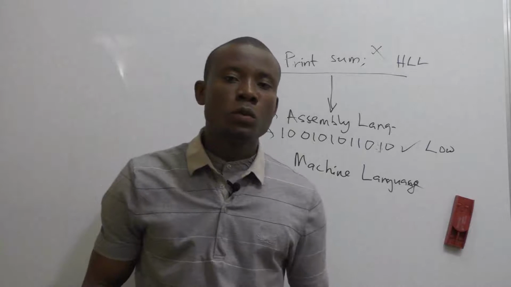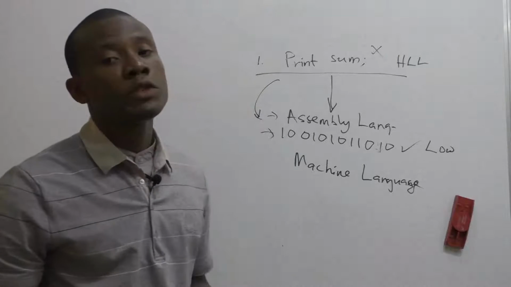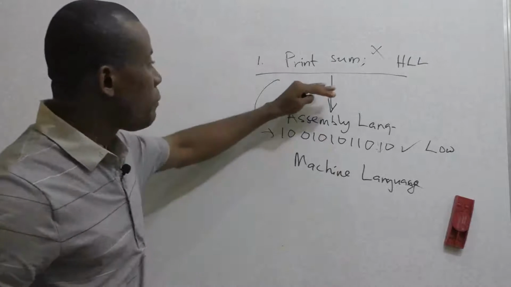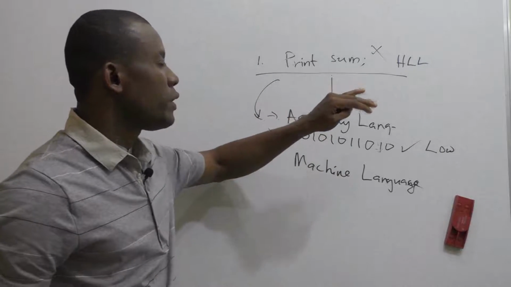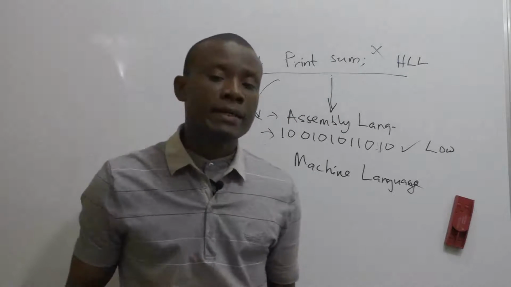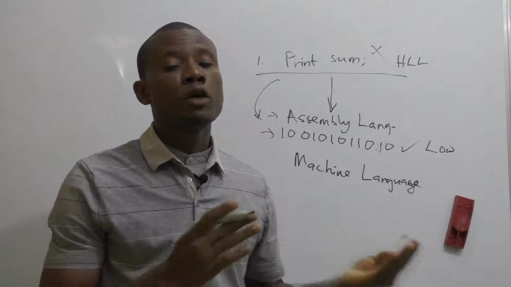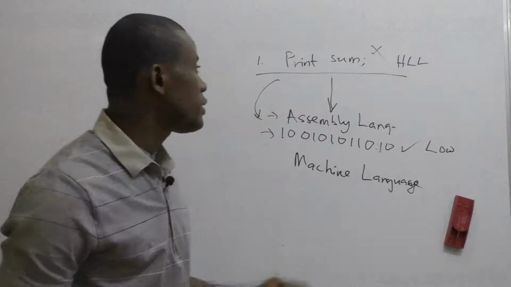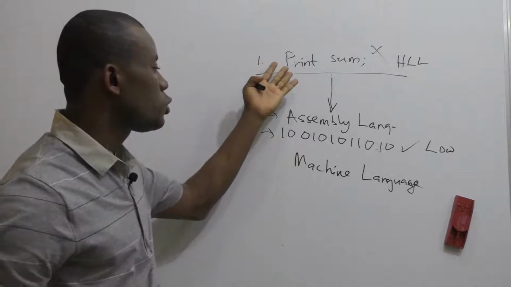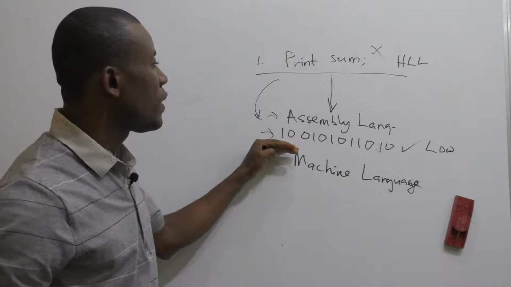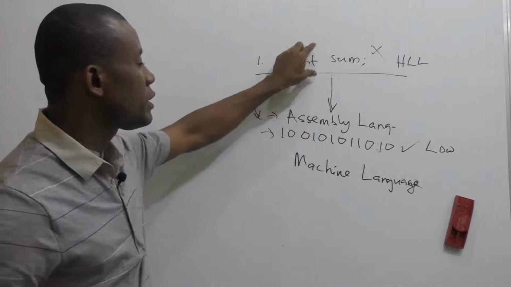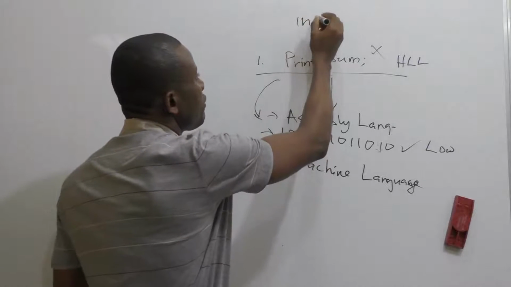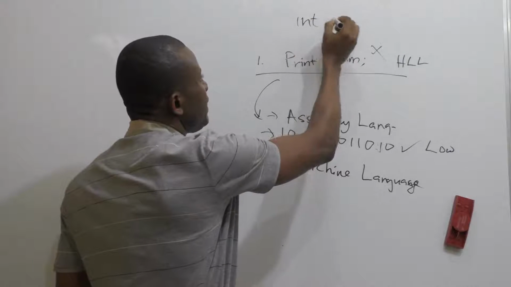Compilation is handled by a compiler. So if you are writing a program in high-level language, you actually need a compiler before it can be converted to a computer-readable language. So compilation is converting a high-level language to a low-level language. So the print sum you've written, or even if you've written a Java program, you have something like int x.